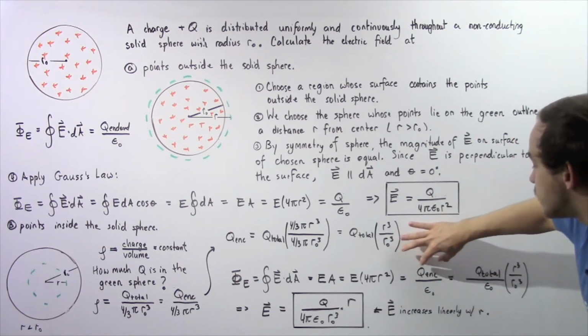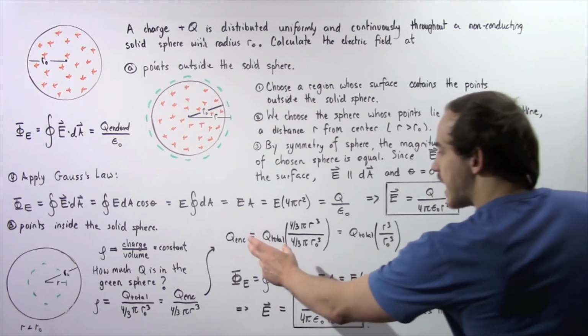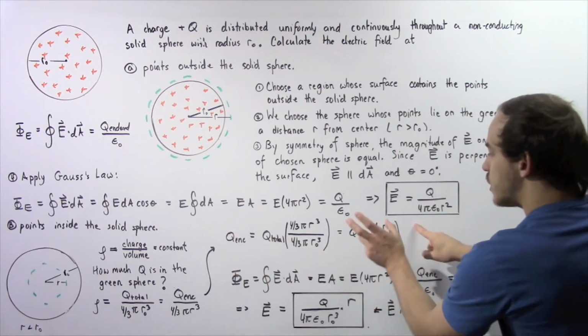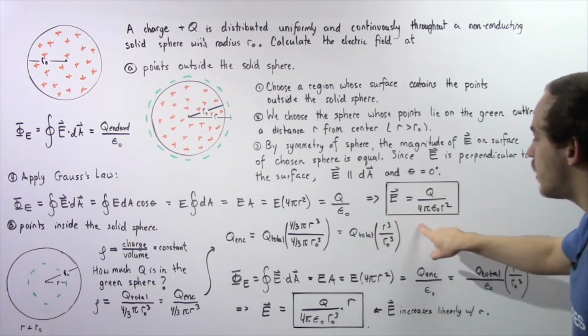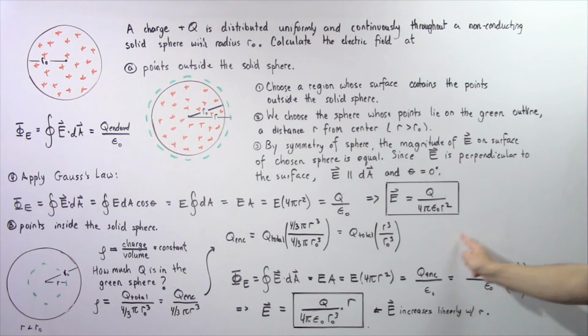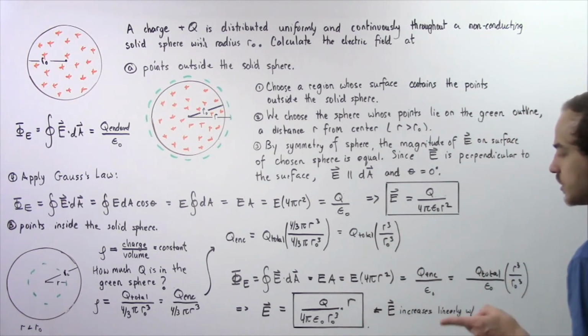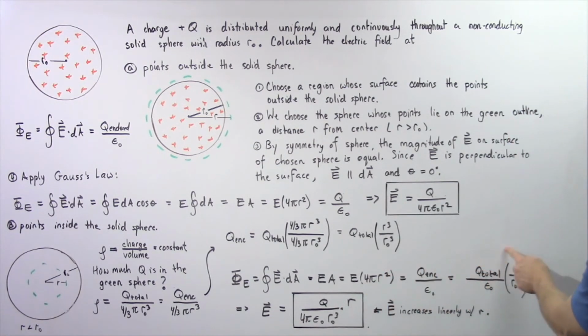So now we take this charge enclosed and replace it with this, because our charge enclosed is equal to the total charge multiplied by r cubed divided by r naught to the third power. So that's exactly what we do, and we get this result. So now we see that the electric field multiplied by 4 pi r to the second power is equal to this whole fraction.